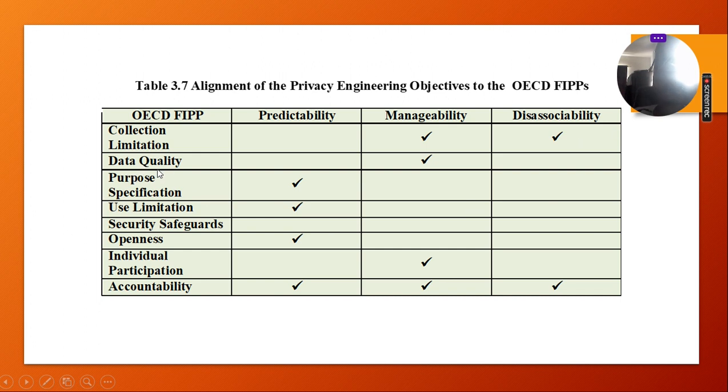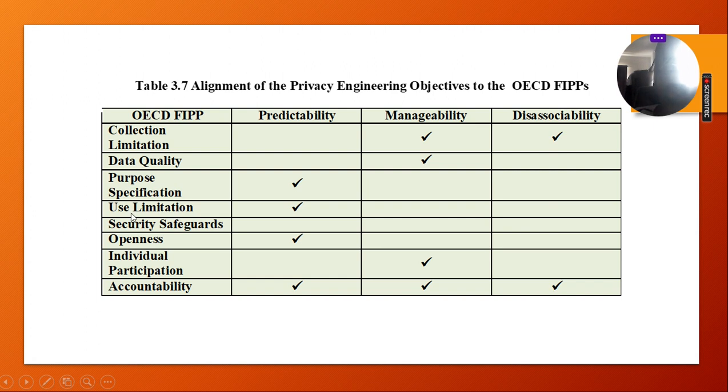Data quality falls only in manageability. Data quality, as in how you're managing the data. Data quality has something to do with relevancy and accuracy. So it fits with manageability. Your purpose specification, what the data is going to be used for, is predictability.